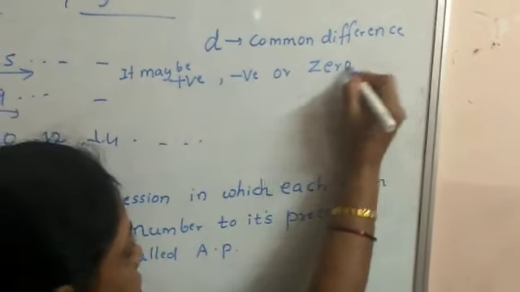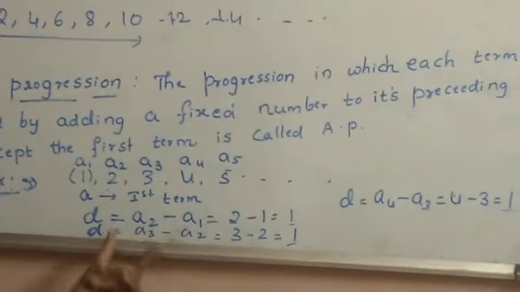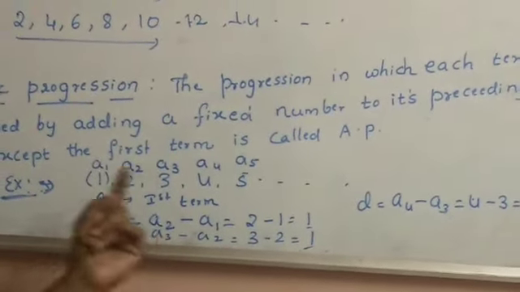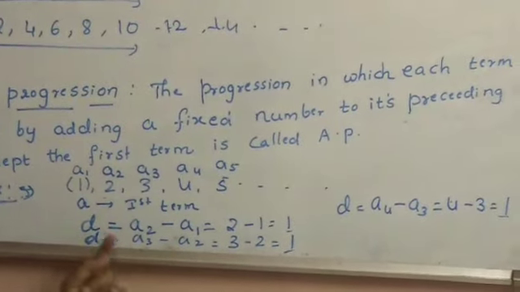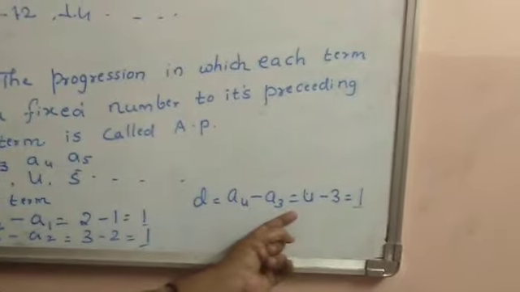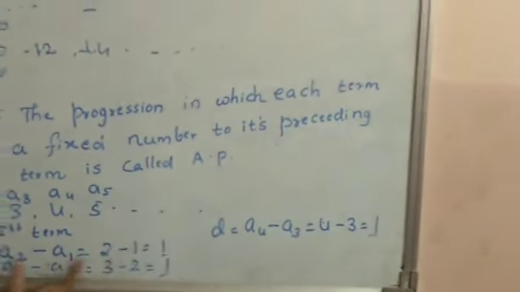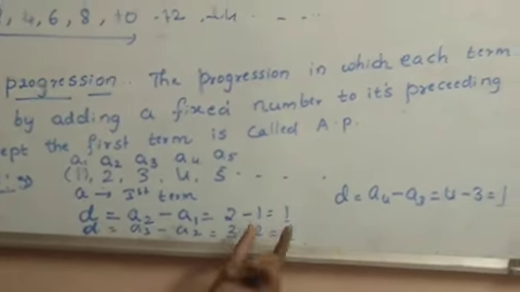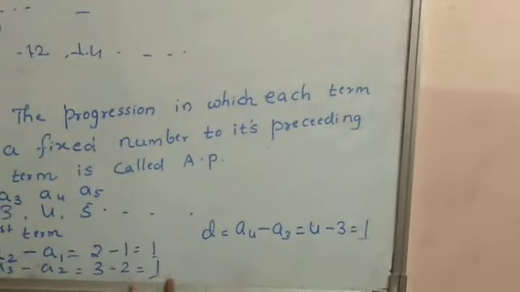How will we calculate D? A2 minus A1, that means succeeding minus preceding term, succeeding minus preceding term, you have to do. You have to find out the common difference. If the common difference is there, meaning the difference is the same, then it is called an AP.